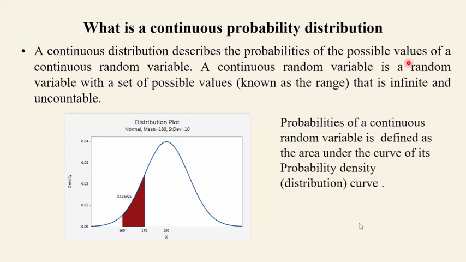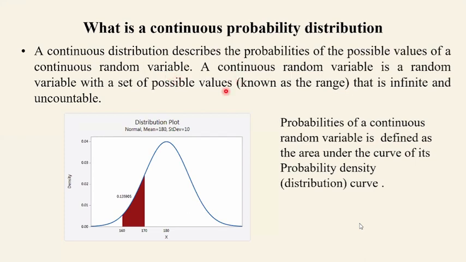So the same concept applies here also. A continuous distribution describes the probabilities of the possible values of a continuous random variable. So for the possible values, what are the corresponding probabilities?